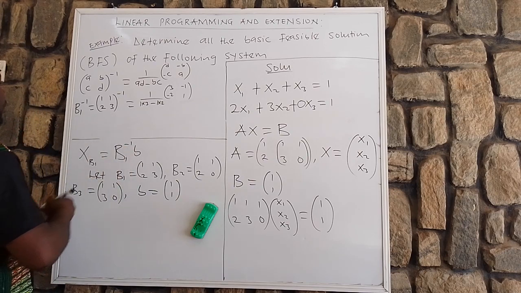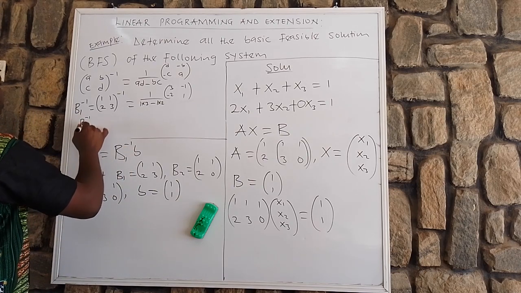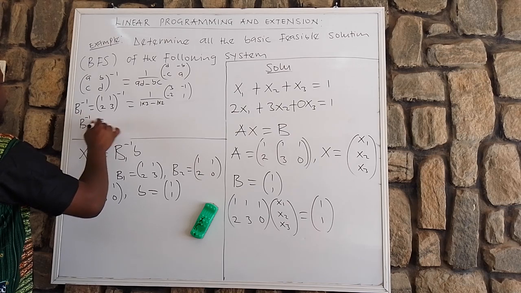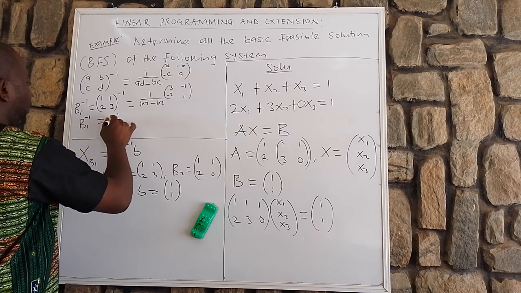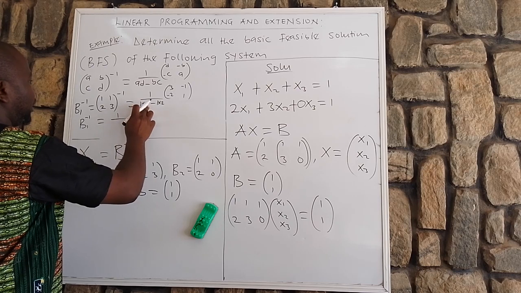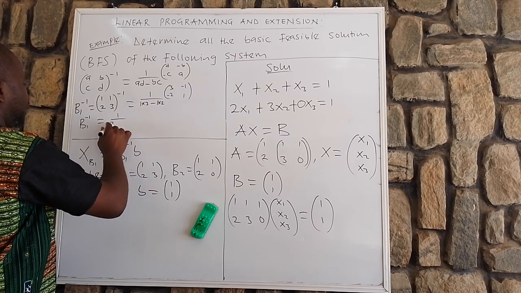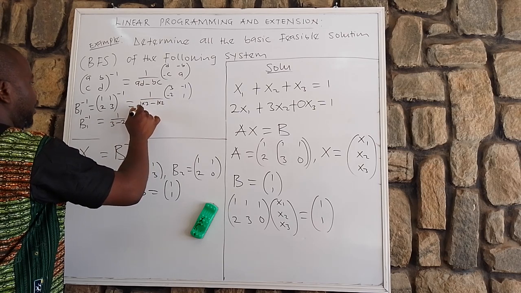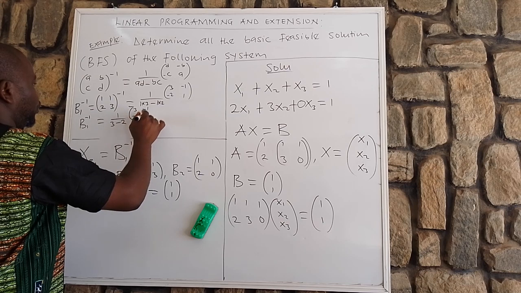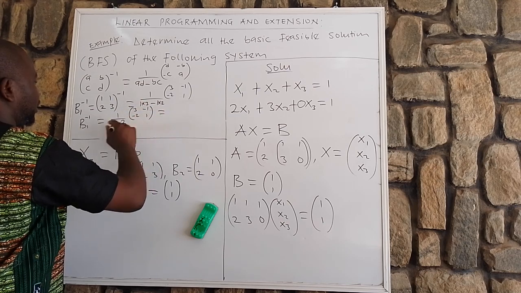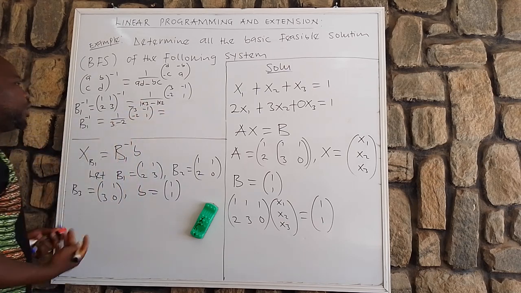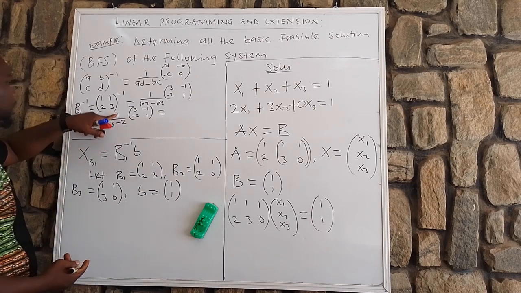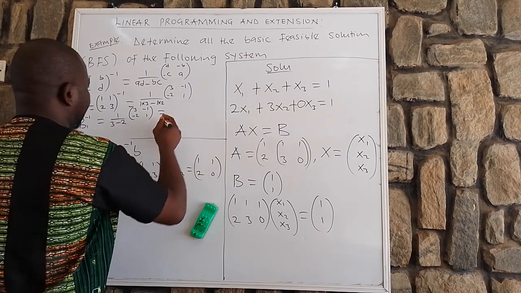So if you agree with me, it implies that B1 inverse is equal to 1 all over 3 times 1 gives us 3, minus 1 times 2 gives us 2, all in bracket, the matrix 3, minus 1, minus 2, 1. Then 3 minus 2 is 1, isn't it? Then 1 divided by 1 is the same thing as 1.